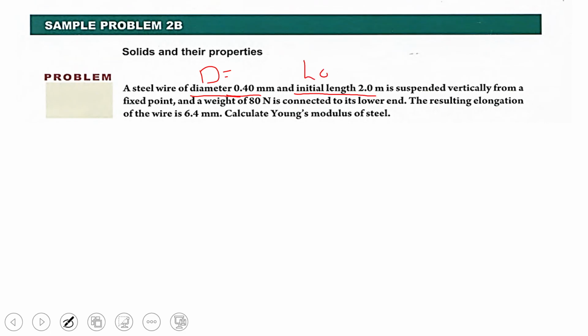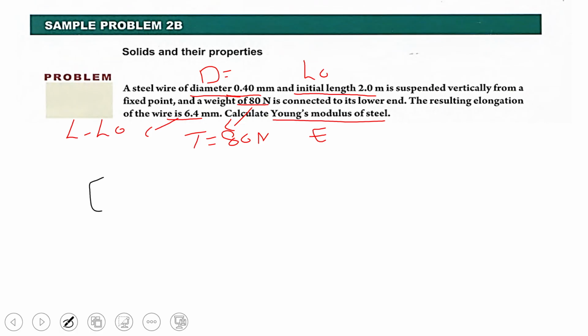It is suspended vertically from a fixed point and a weight of 80 Newton, guys, the weight means tension, tension equals 80 Newton, is connected to its lower end. The resulting elongation means L minus L naught. Calculate Young modulus, find E. Guys, now we proved the rule of Young modulus. Calculate, determine, or find E, Young modulus.